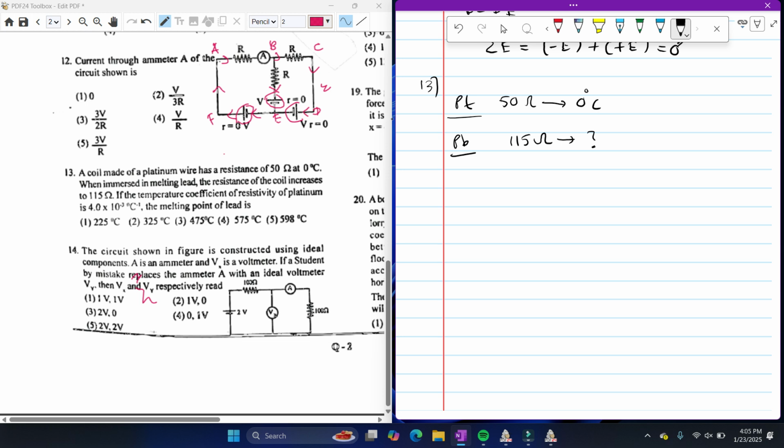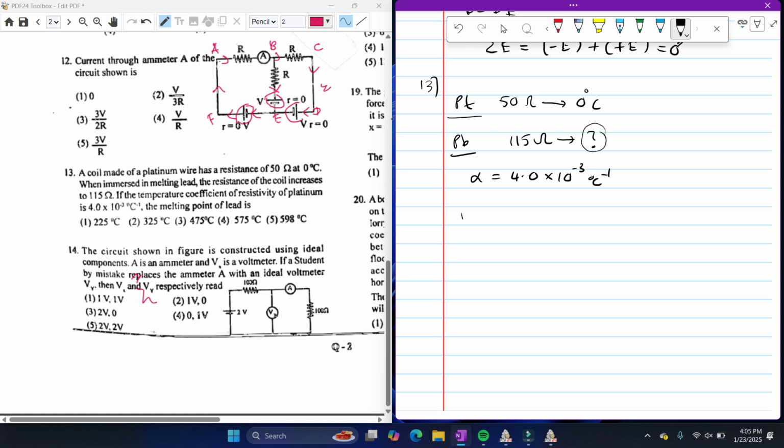And the temperature coefficient of resistivity, that means alpha, is 4.0 into 10 to the power minus 3 per Celsius. Then the melting point of lead is what they are asking. So we need to take this into our equation.